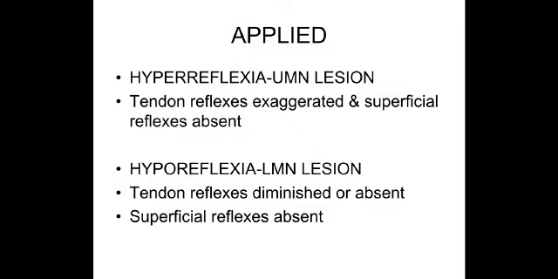The tendon reflexes are exaggerated and superficial reflexes are absent. Whereas in lower motor neuron lesions, you get hyporeflexia, that is tendon reflexes are diminished or absent and the superficial reflexes are absent.